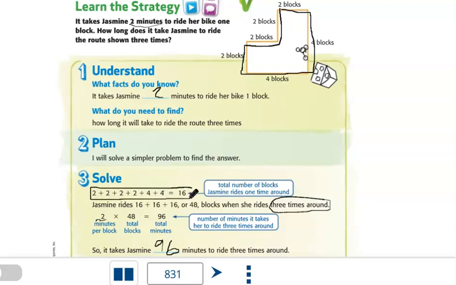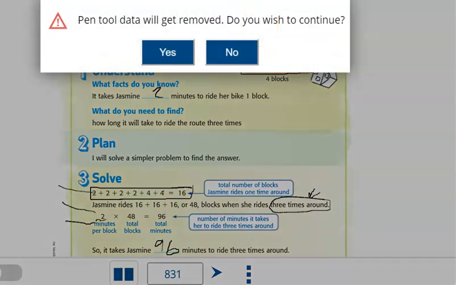We just broke it down into doing it 1 time, and then we were able to figure out for 3 times after we've done the once. And once we know how many blocks it is, then we can figure out, okay, this many blocks, this many minutes per block gives us how many. So you've basically got a 3-step problem here. 1, 2, 3. Oops, that line should go there, sorry. So that's how that one's done.